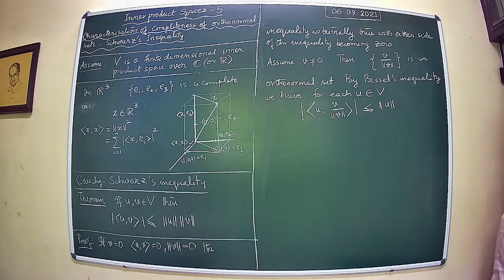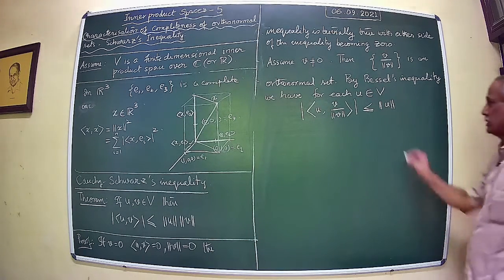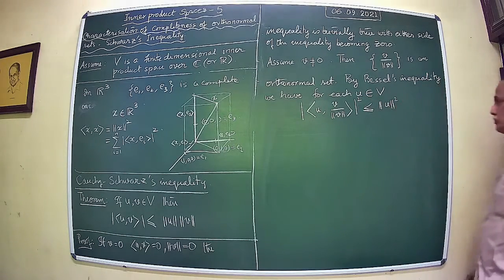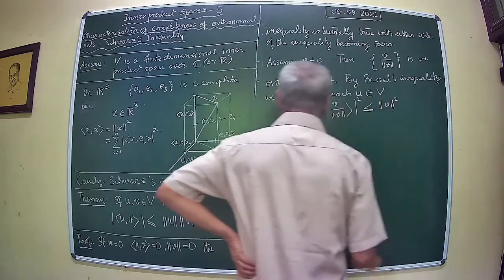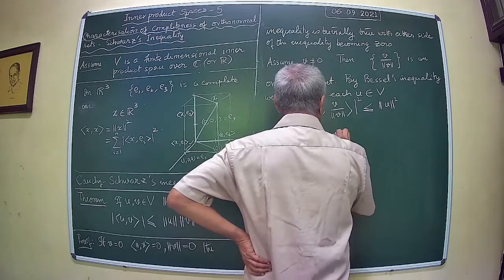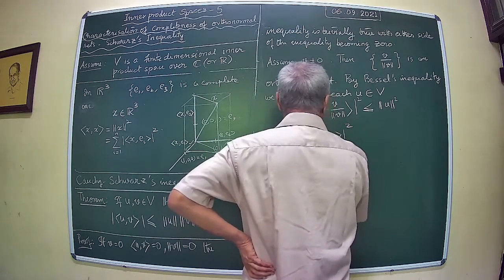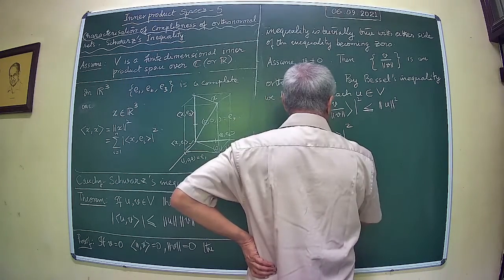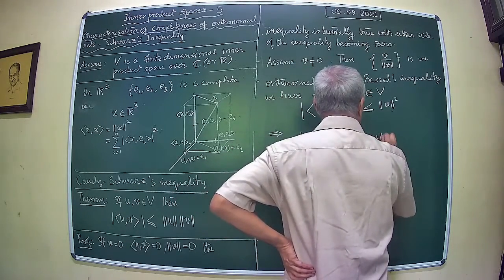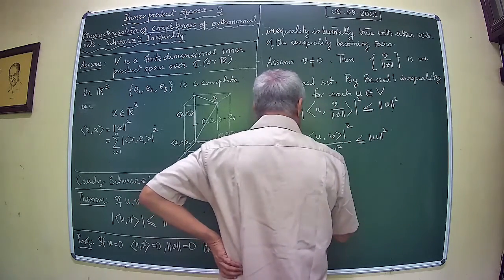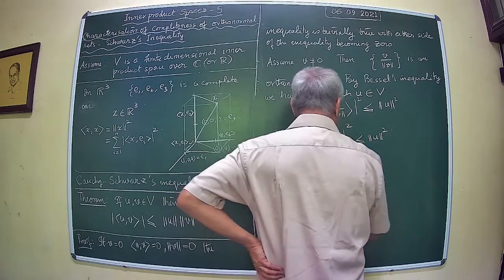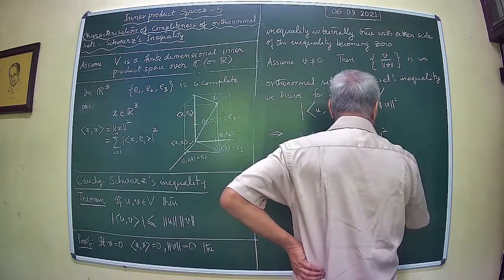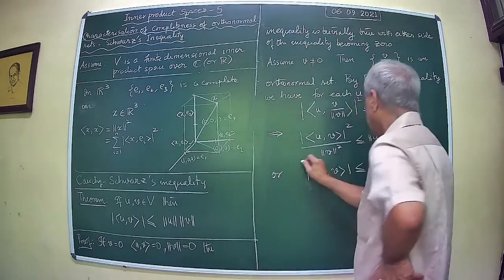Therefore, this is what you have. Or in turn, this implies this is the proof of this inequality.